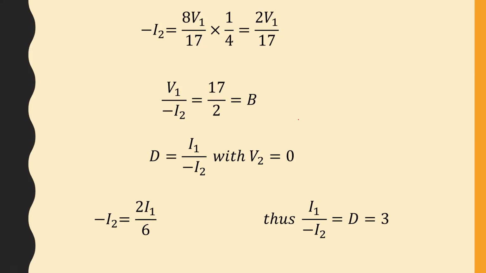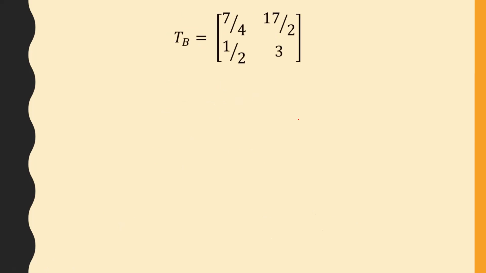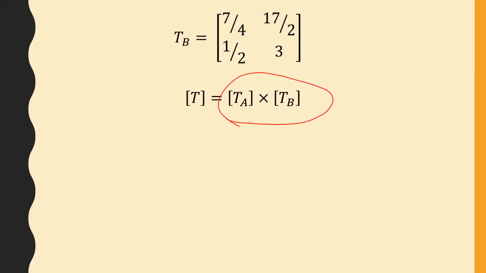All right. So we therefore have our TB. And so the transmission parameters for the combined circuit would be the product of these 2 matrices.